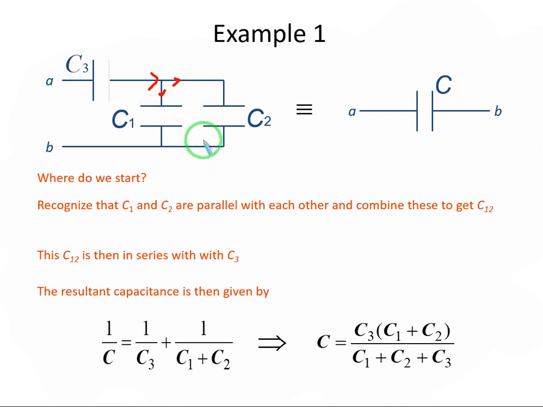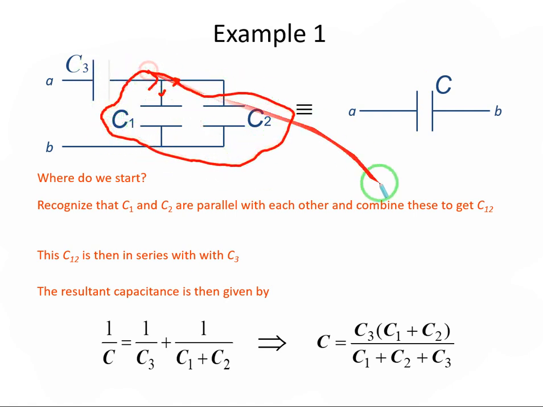So C1 and C2 are parallel with each other, and we combine these to get C12. Once you combine them, this combination and C3 are in series, because this is your C3 and this is the required equivalent.